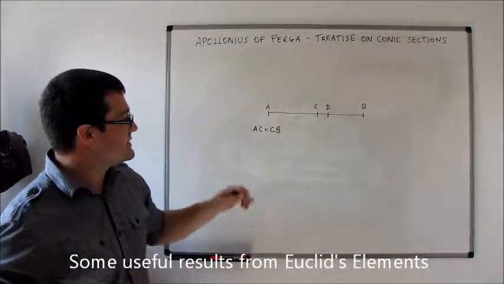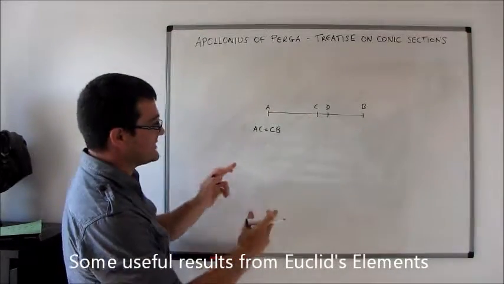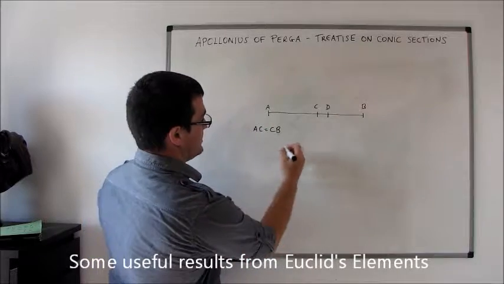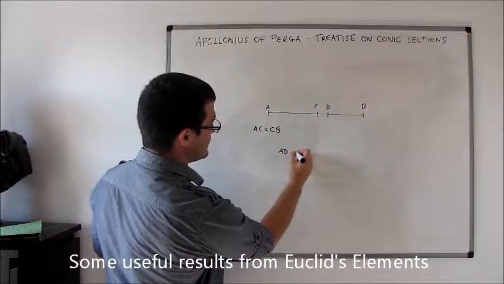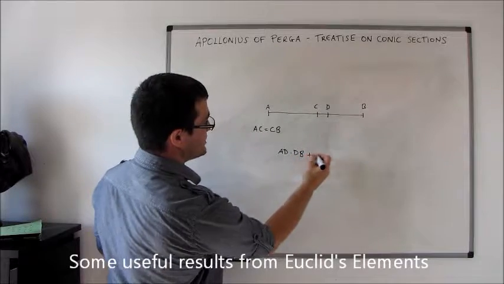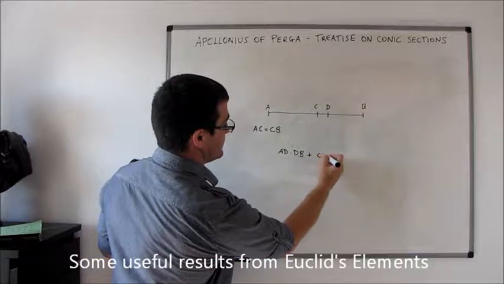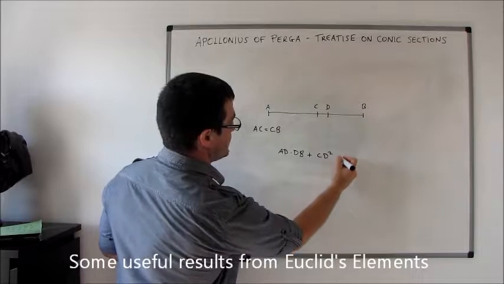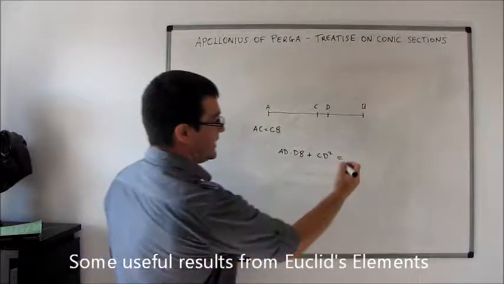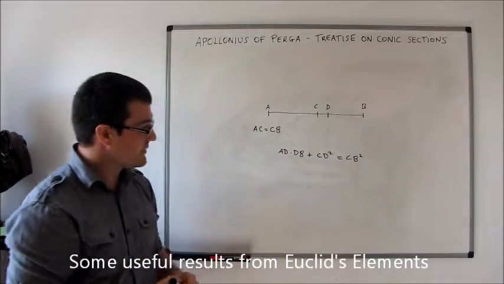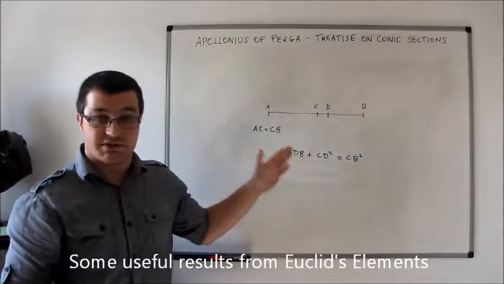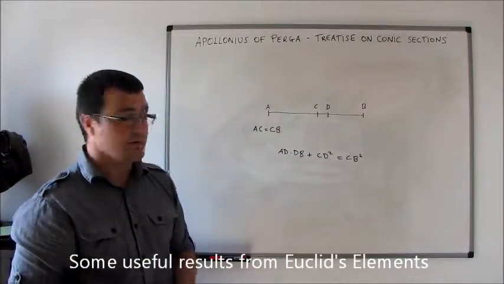Well, it turns out that the rectangle contained by AD and DB plus the square on CD is equal to the square on CB. This does seem to come up quite often in Apollonius.